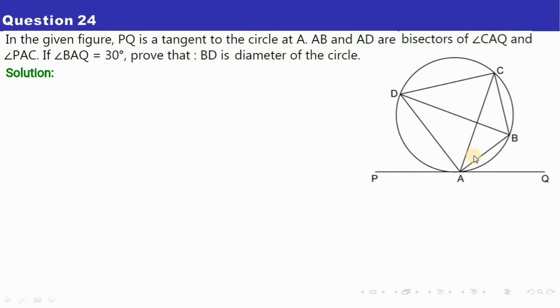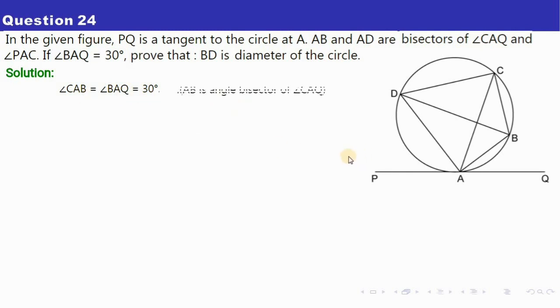In order to prove that BAD is 90, let us find this angle BAC, that is this angle and this angle. We already know the value of this, because this angle and this angle will be equal, as AB is the bisector. This is already 30, so that's why this will also be 30. That's what is written out here.